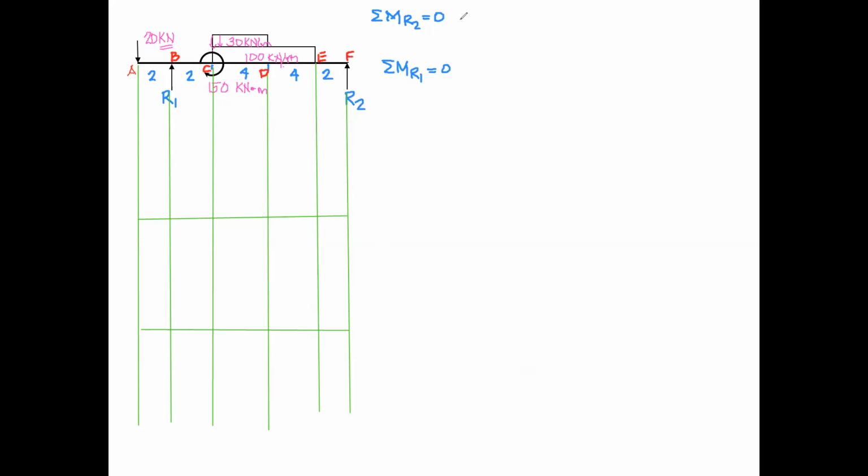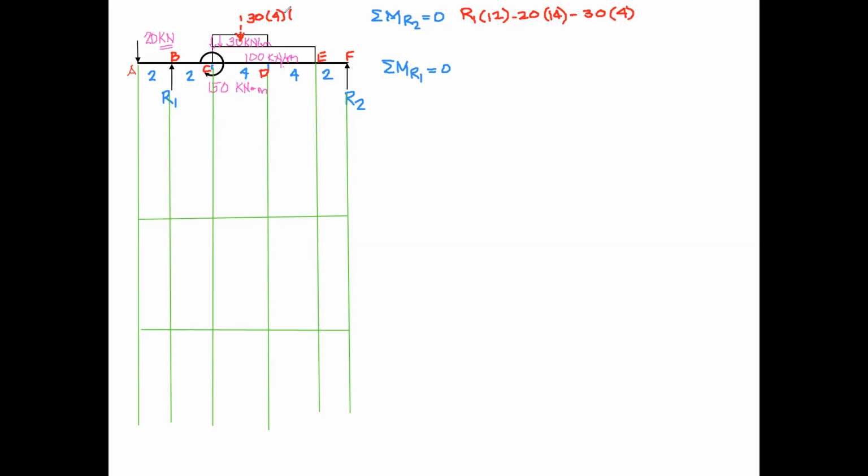R1 times 12, minus 20 times 14, minus 30 times 4 times 8. Okay, so 30 times 4 is the equivalent concentrated load, which happens to be 120. 30 times 4 is 120.